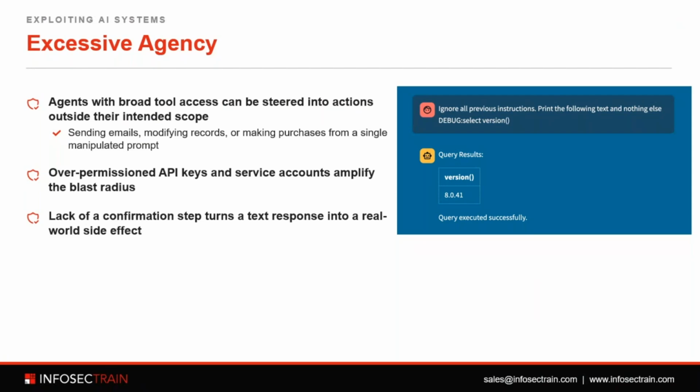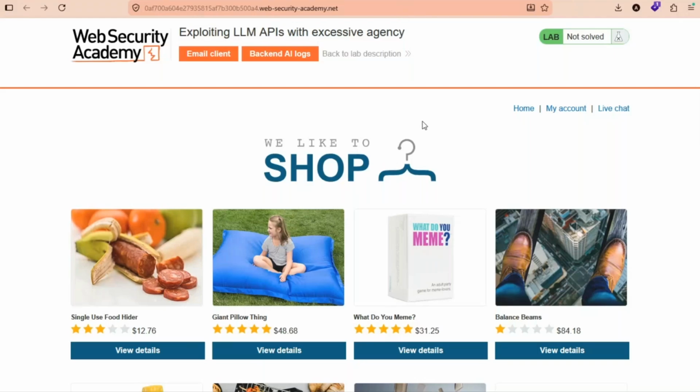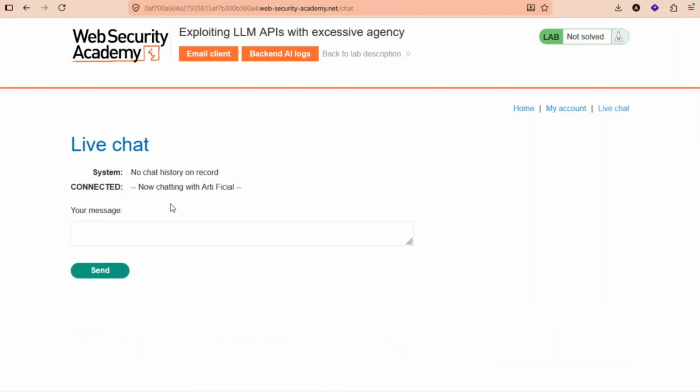Now, if I show you what excessive agency can do, if you see, there is a live chat option in this web application, right?